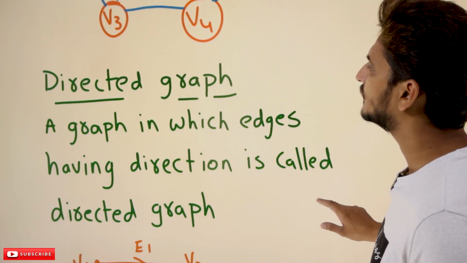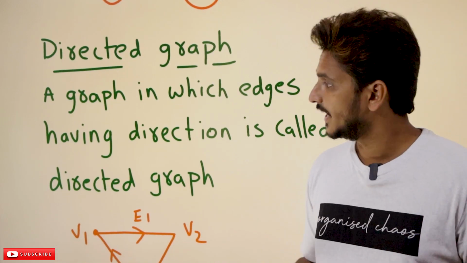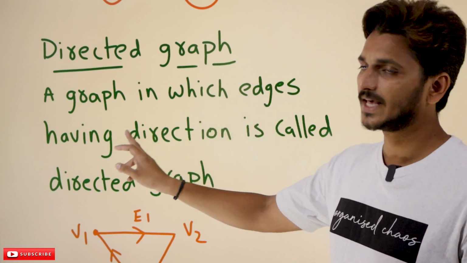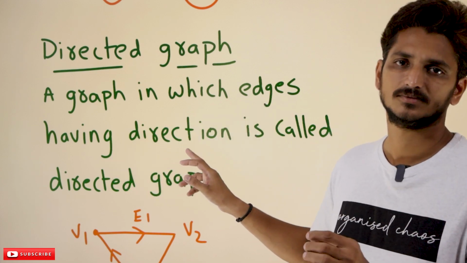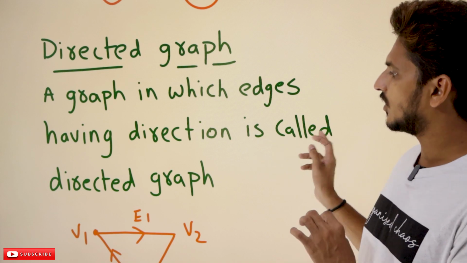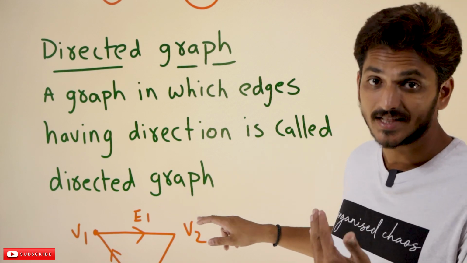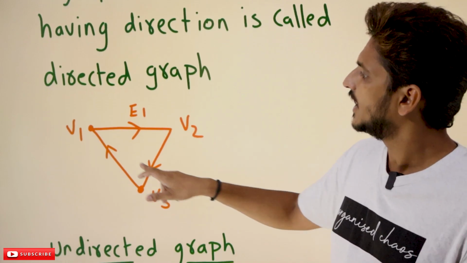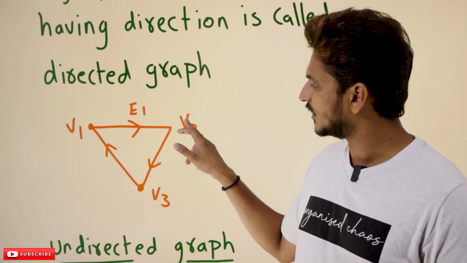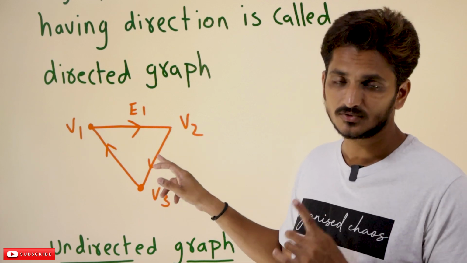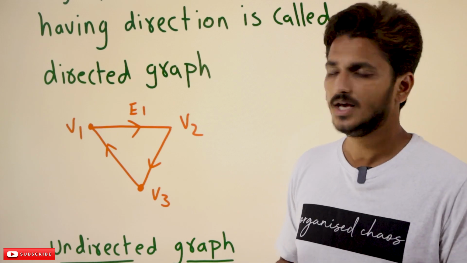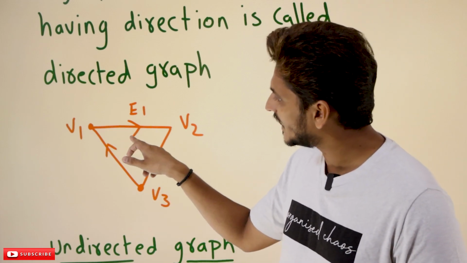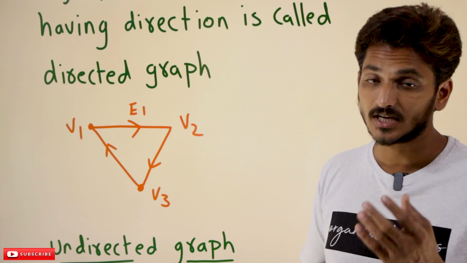Now coming to the next definition, directed graph. A graph in which edges have directions is called a directed graph. What do directions mean? Let's try to understand. V1, V2 and V3 are vertices. For these vertices, we have edges, but these edges have direction. E1 is an edge that shows the direction.